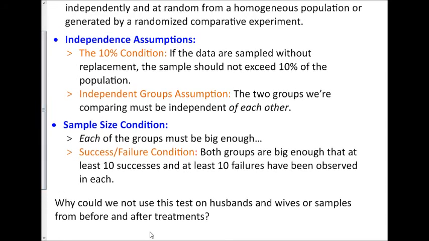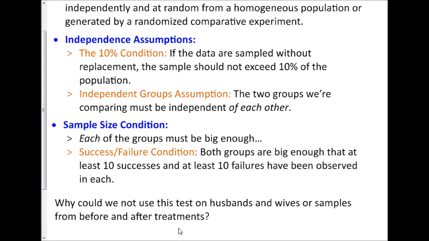Now, if we're talking about husbands and wives, or before and after, this is a little bit different. Those fail the independence assumption. Technically speaking, husbands and wives are not the same person, but they're together because they share similar characteristics. They have similar viewpoints. So one is not completely independent of the other.